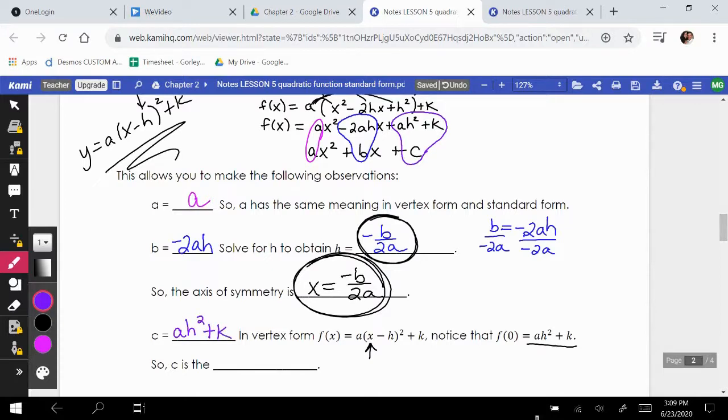So c is going to end up being the y-intercept. Remember, y-intercept can be written as (0, c). So again, if you don't completely understand that, it's not a big deal. I just want to show you that the two forms are related.